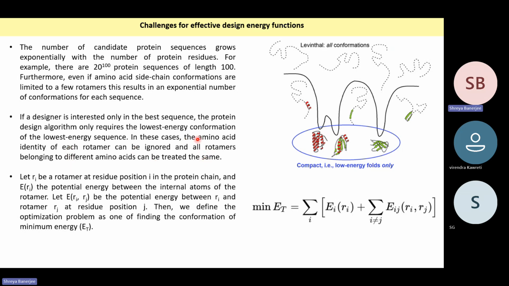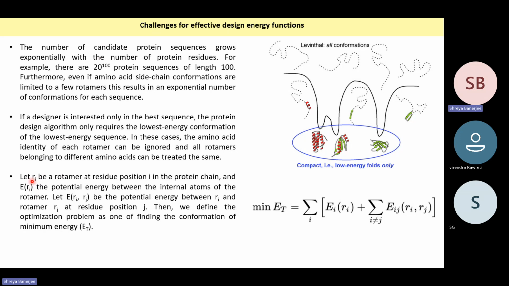Basically, to simplify the problem, we don't consider each amino acid separately, because if we do that, it results in 20 to the power 100 sequences or more. Rather, what is done is that all amino acids are considered similar, and only the lowest energy of the total sequence is considered. So the energy function is something like this.